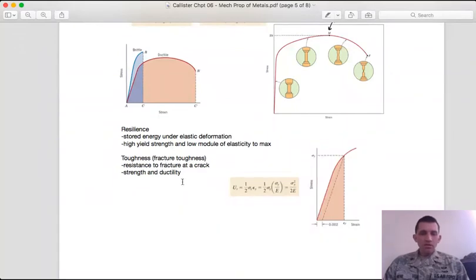And along the same vein, you can talk about toughness. If we're thinking about the resistance to fracture, a tough material is going to be something that deforms at the edge of a crack as opposed to fracturing. And this comes from a combination, again, of strength and ductility, just like resilience.